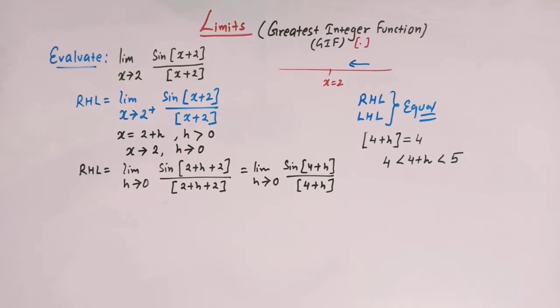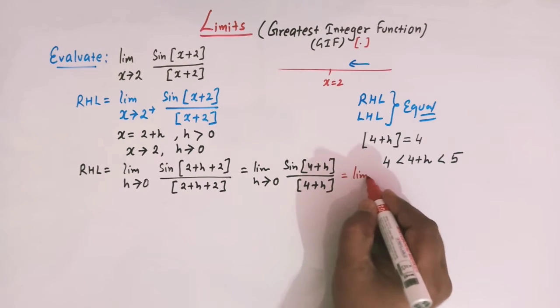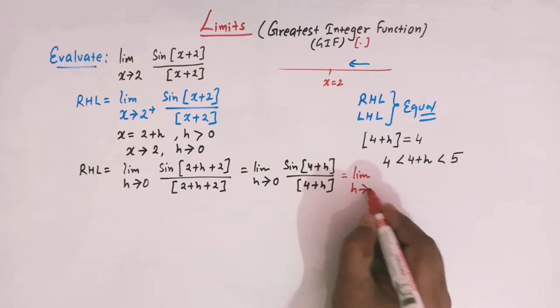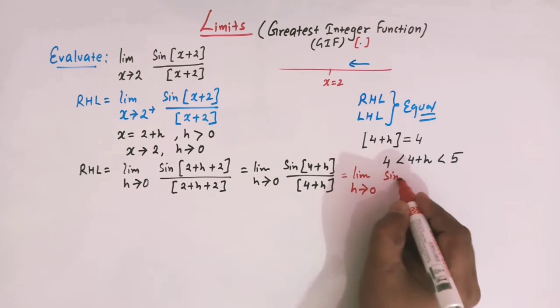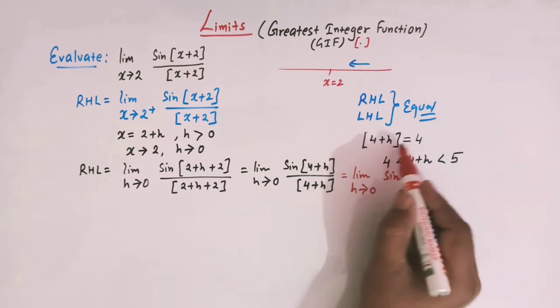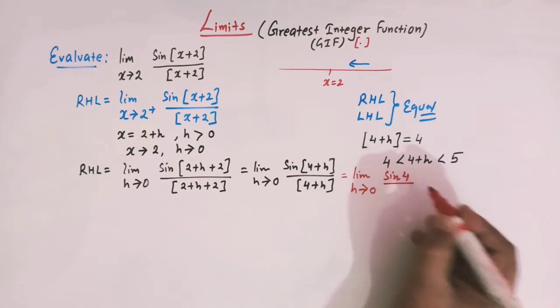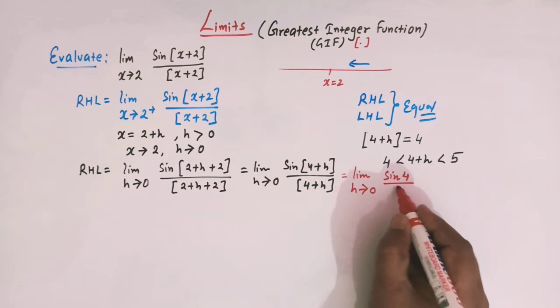So now this expression can be rewritten as limit h tends to 0, sin of [4+h], and the value of [4+h] is 4, and here also we have 4.